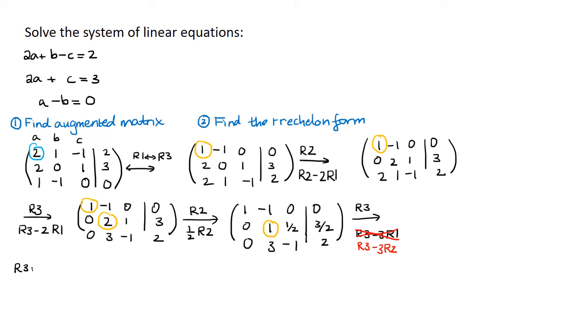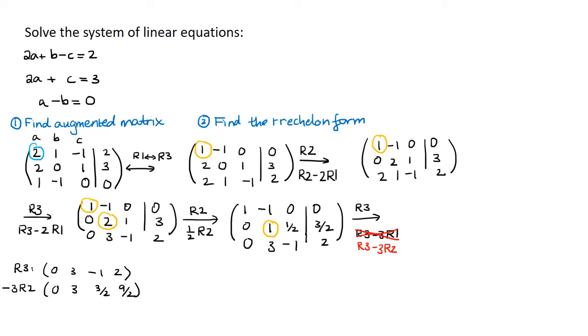Row 3 is 0, 3, -1, 2, and 3 times row 2 is 0, 3, 3/2, 9/2.